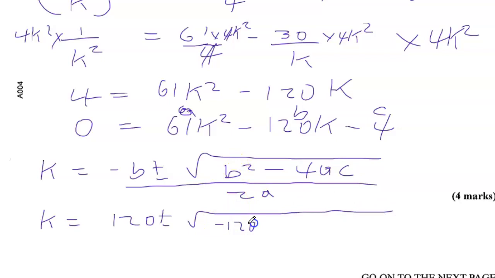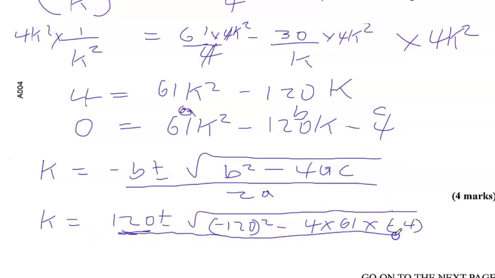Plus or minus the square root of b squared, that's negative 120 squared, minus 4 times a, and a is 61, times c, and c is negative 4, all over 2a, and a is 61, so all over 2 times 61.